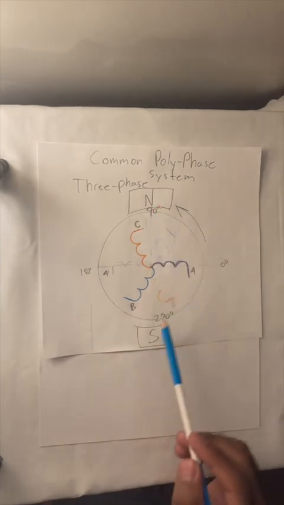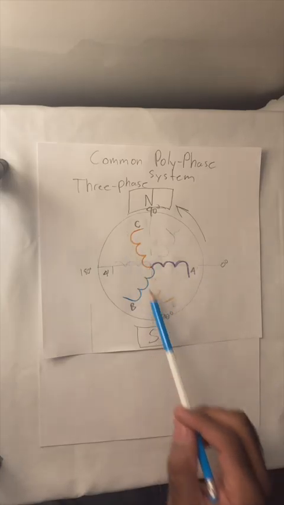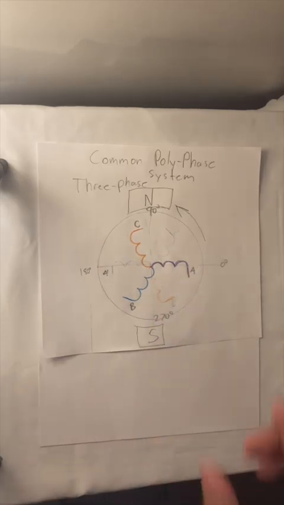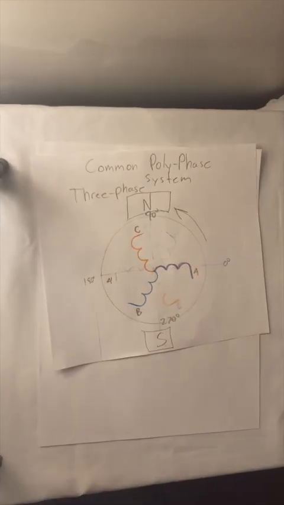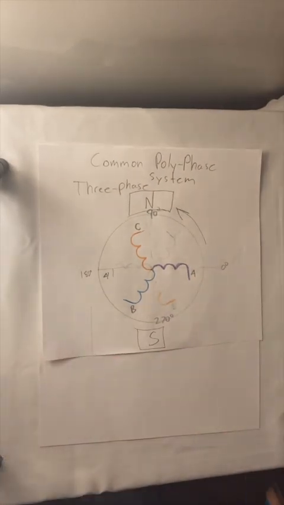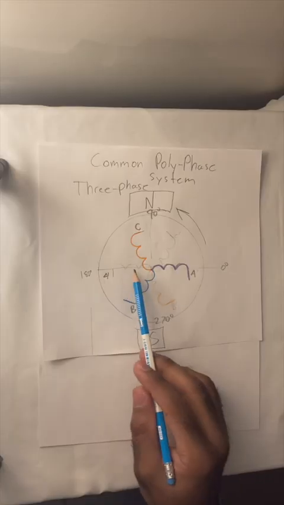We have our pole pieces, we have the individual coils, each phase. As we can see, the individual phases are just displaced amongst each other equally.